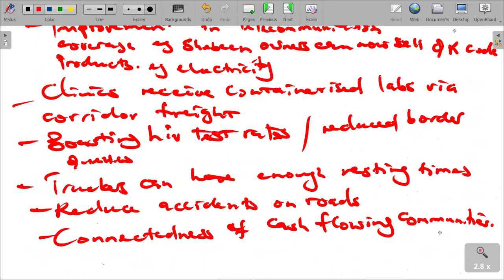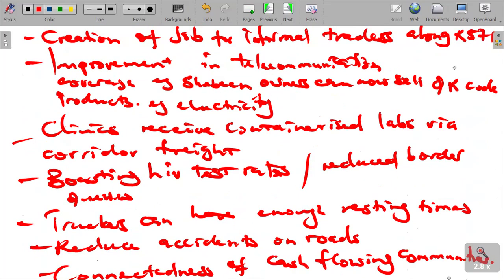respect. The interconnectedness of cash flowing communities that is established because of the Maputo Development Corridor, the reduction in accidents on roads because our drivers have got enough time to rest instead of driving forever. That can be a good advantage that we can talk about.